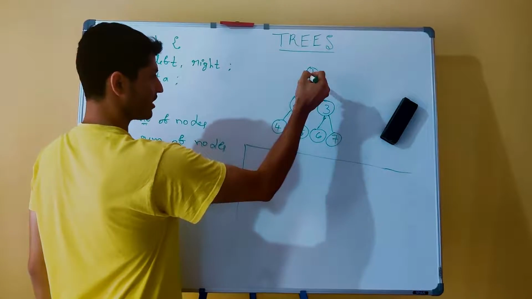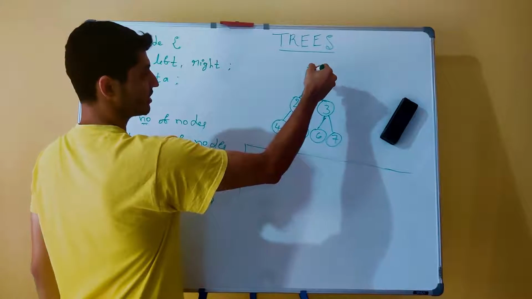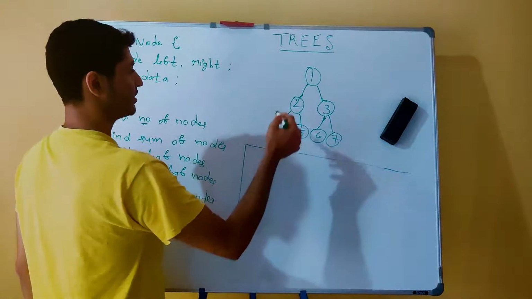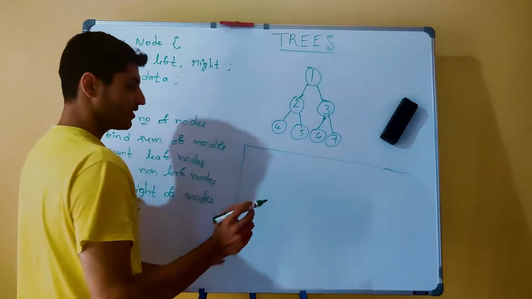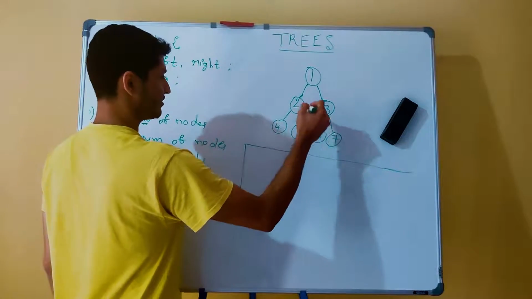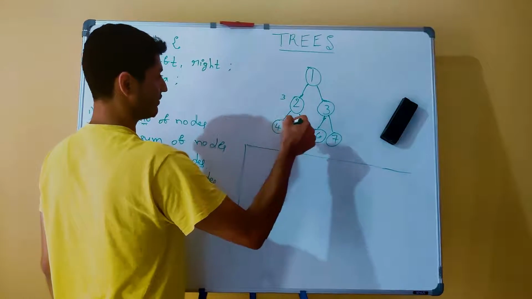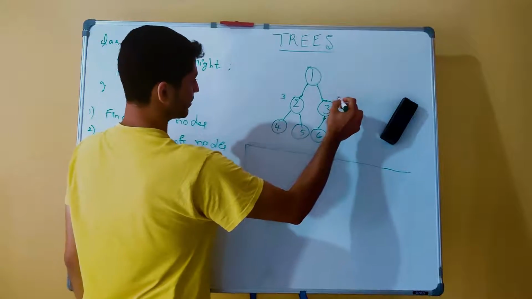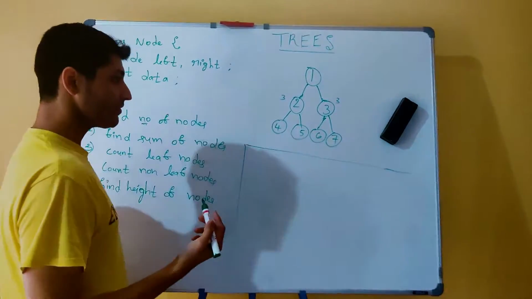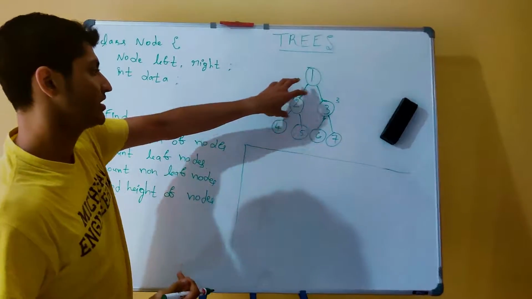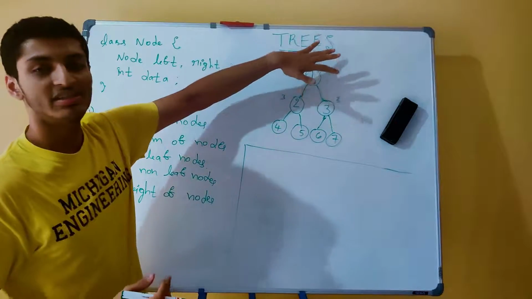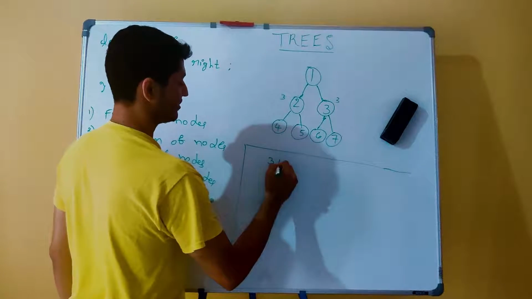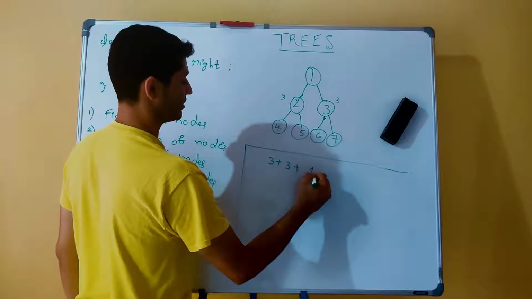Let's say I start by looking at the current node, the root node, which is my current node. Let's assume that you already have the solution, that is the number of nodes in the left subtree, which is 3. Assume that you already have the solution to the number of nodes in the right subtree, that is 3. Now given these two solutions, what is the number of nodes in the whole tree? It would be 3 plus 3 plus 1. What is this 1?